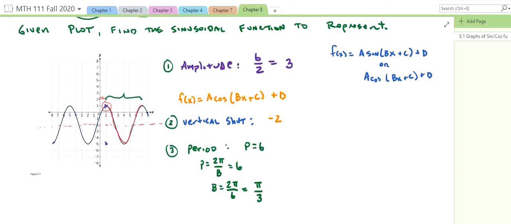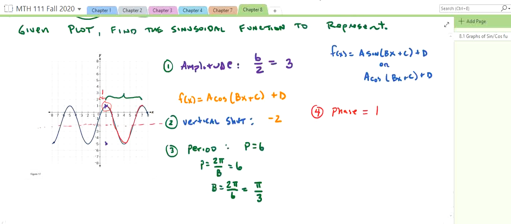Okay, we're almost done. All we need is C. So we figured out what C is already when we set our function up to be a cosine function. And that means not C, but our phase shift is 1. So our phase shift, we've decided it's going to be equal to 1 here in this function.